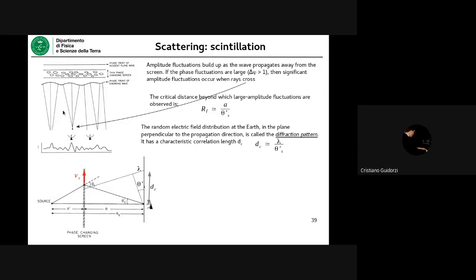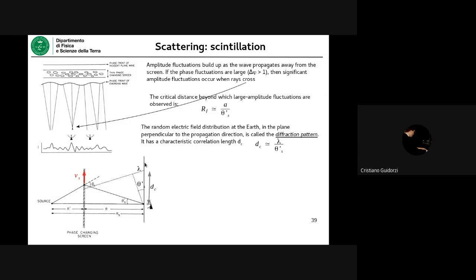This is the same drawing, but seen from a different perspective. You see, this is the source, and this is the plane I'm considering, the plane along which I measure the diffraction pattern, because this is the plane perpendicular to the line of sight, which is this one here.